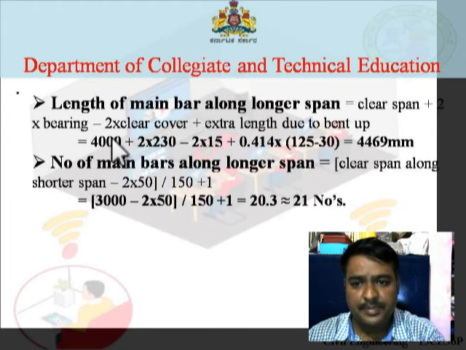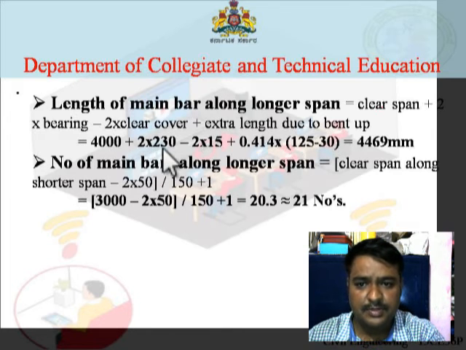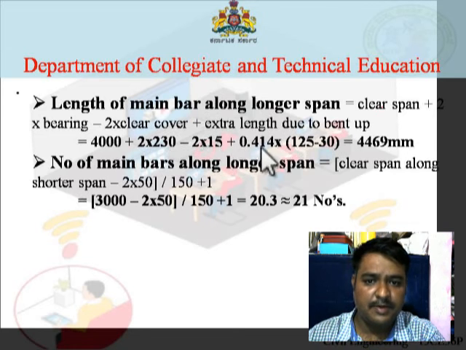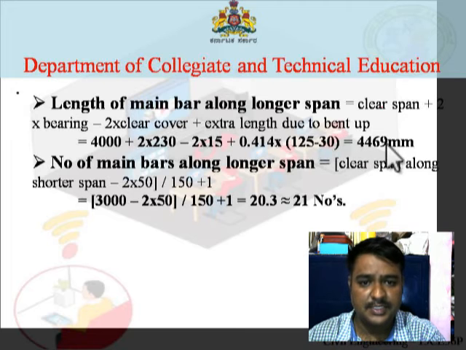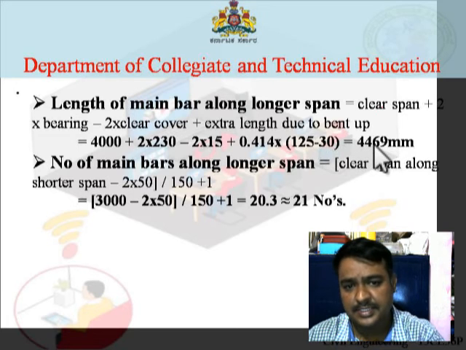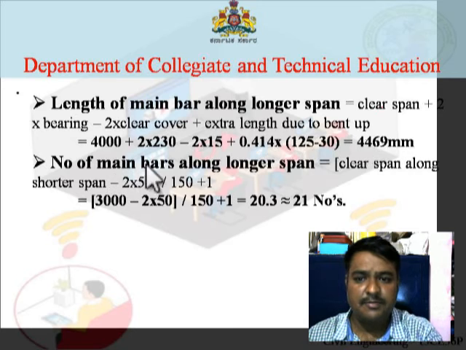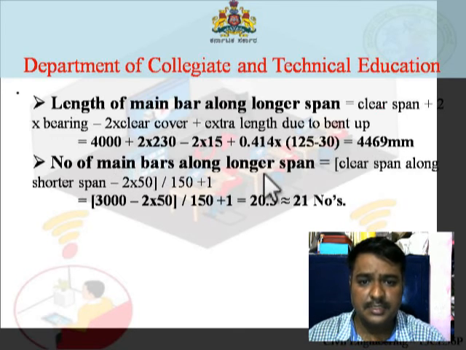It is given by 4000 plus 2 into 230 minus 2 into 15 plus 0.414 into D, that is depth of the slab 125 minus 30, which is equal to 4469 mm, 4.469 meter.